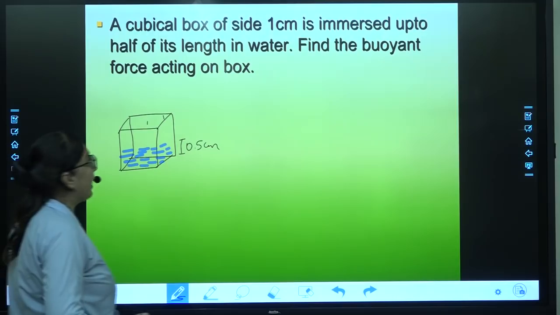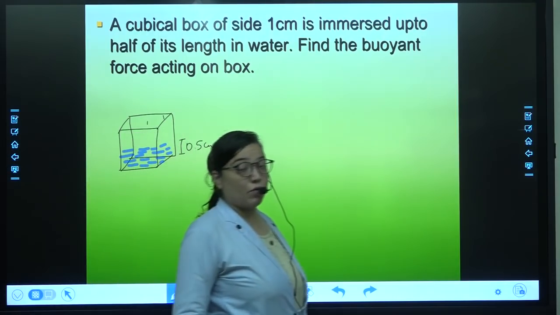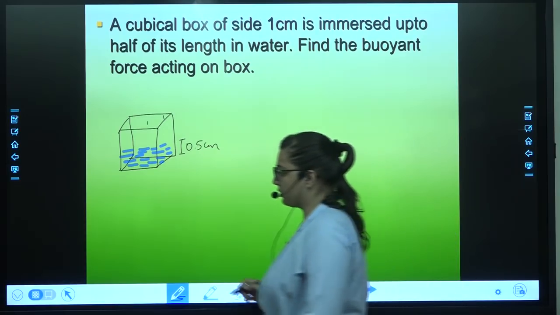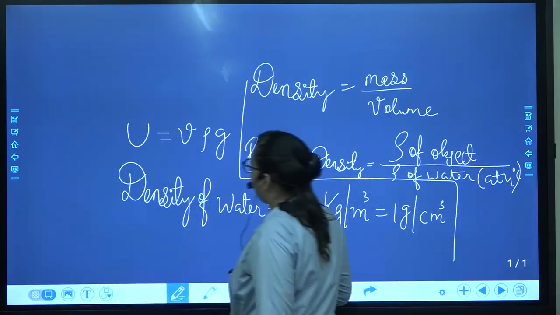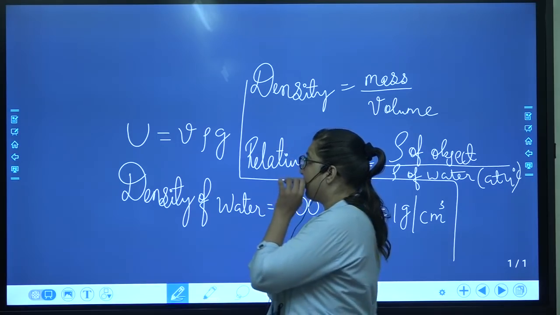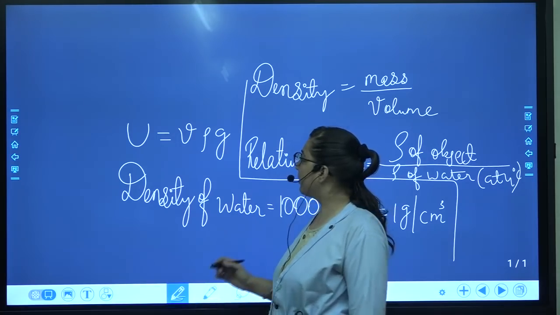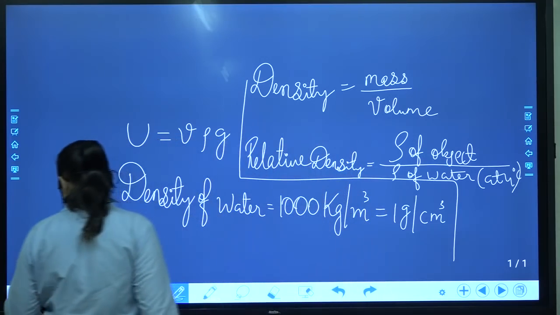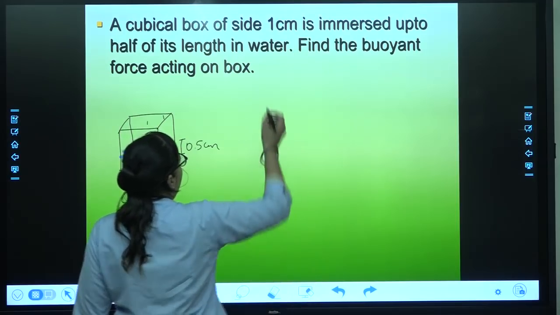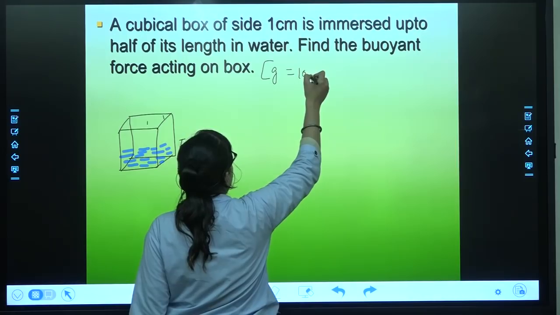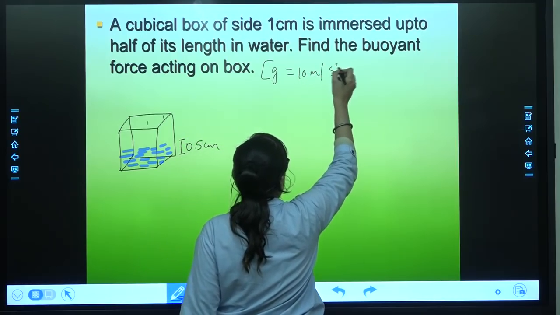Now they have said, calculate the buoyant force which is acting on the object. What is the formula of buoyant force? Buoyant force is V rho g, volume of the object into density into the gravitational acceleration. Here you have to take the gravitational acceleration as 10 meter per second square.